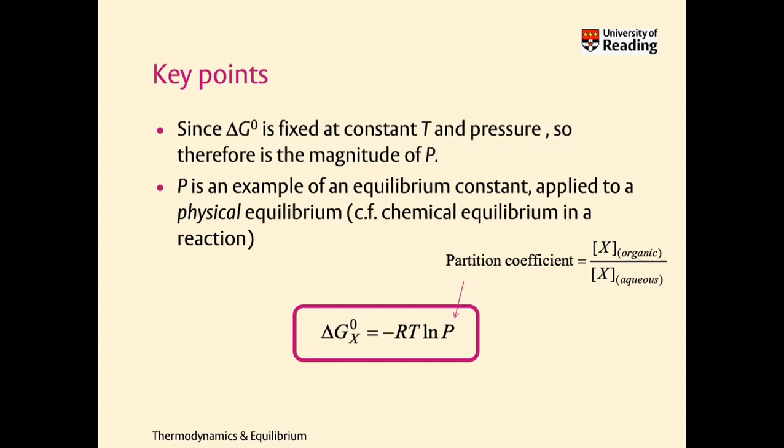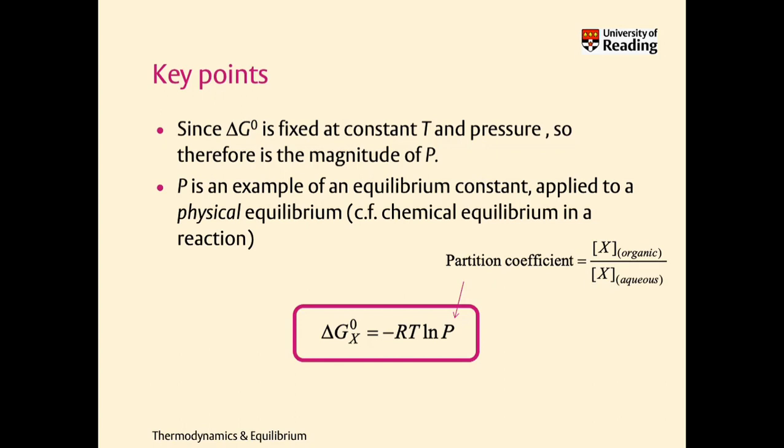So using our equation that we have seen for chemical equilibria, we can calculate the change in Gibbs free energy for the process of the molecule partitioning into the organic phase for our drug X at the physical equilibrium, with P now being used in the equation instead of K. So we use the partition coefficient in the equation now instead of the equilibrium constant.